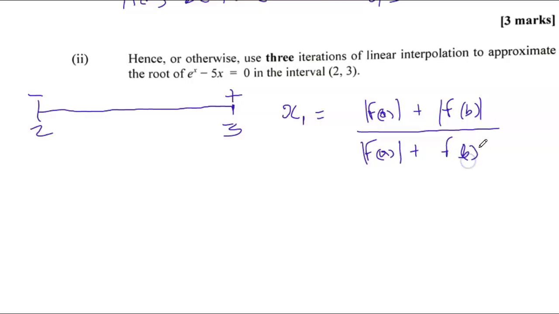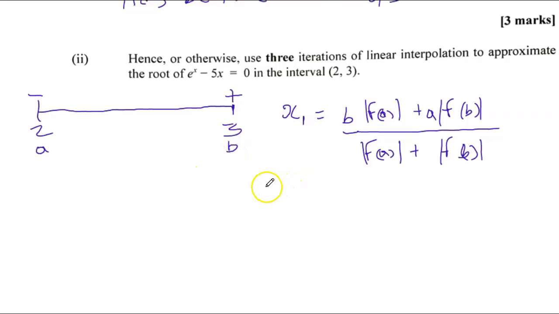And in the numerator, we just switch these. So this is b times f(a), and this is a times f(b). Now, where a and b would be the roots, so the root is between 2 and 3. So for now, a is 2 and b is 3.